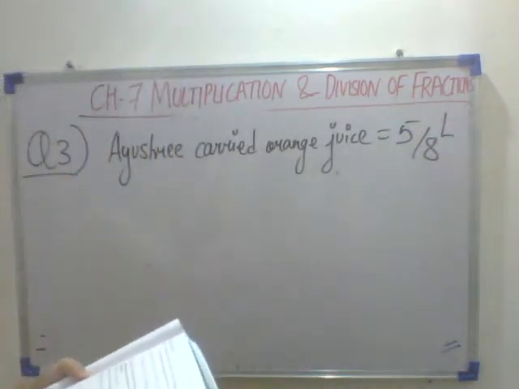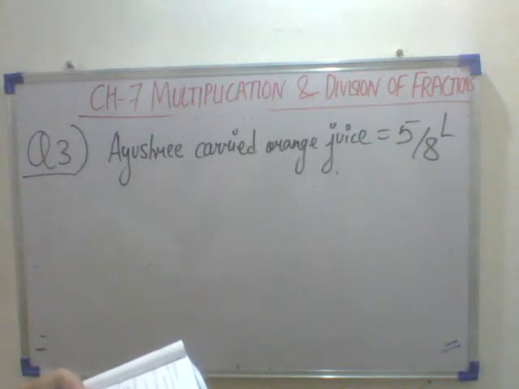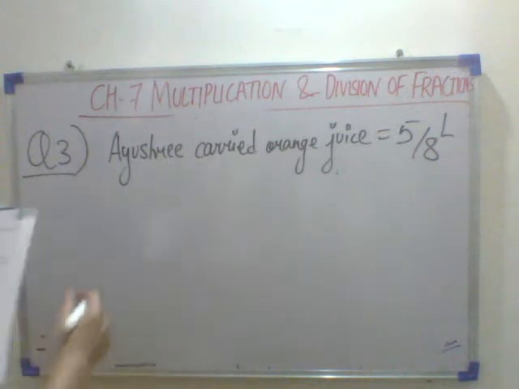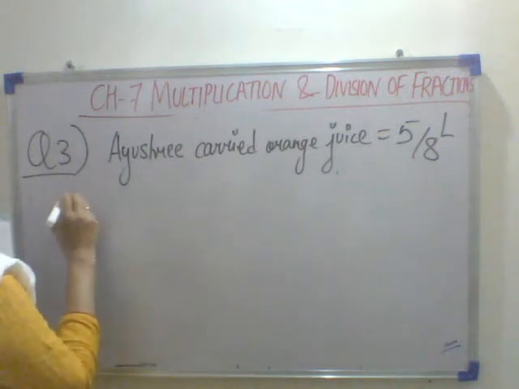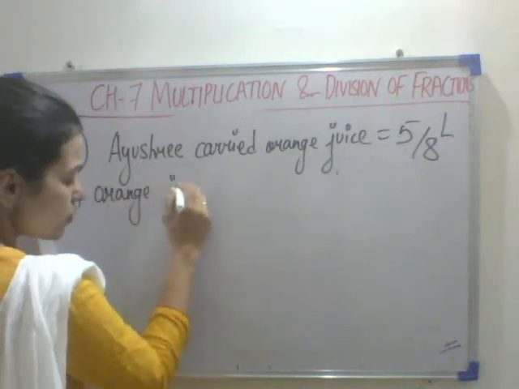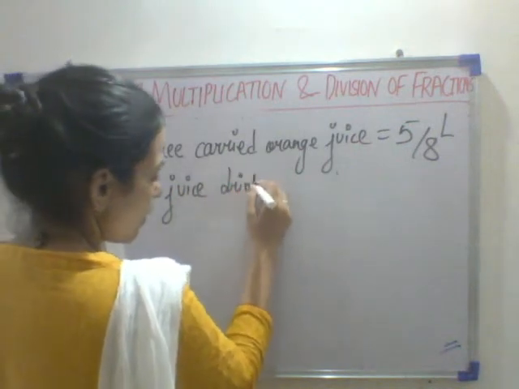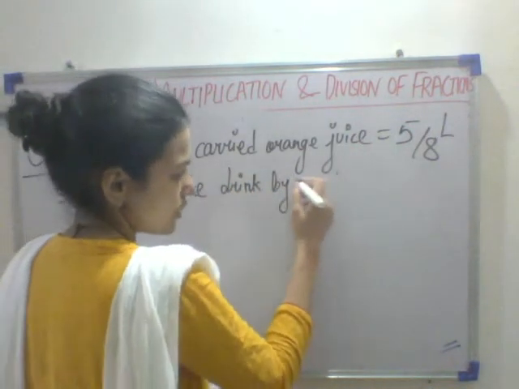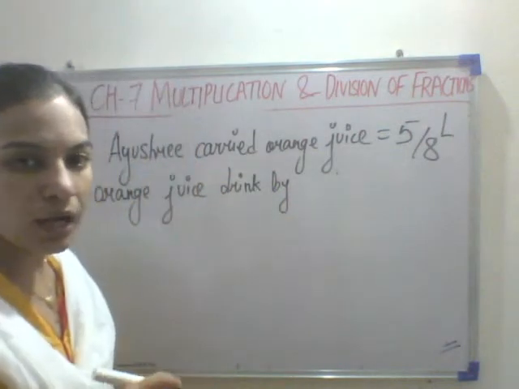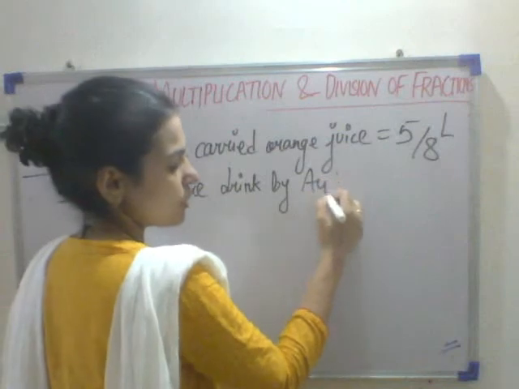She drank half of it in school. How many liters of orange juice did she drink? So what we have to find? We have to find the orange juice drunk by Ayushri.